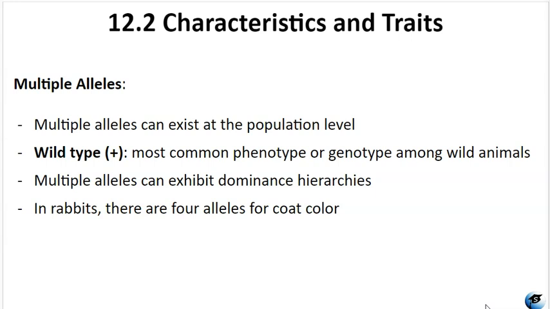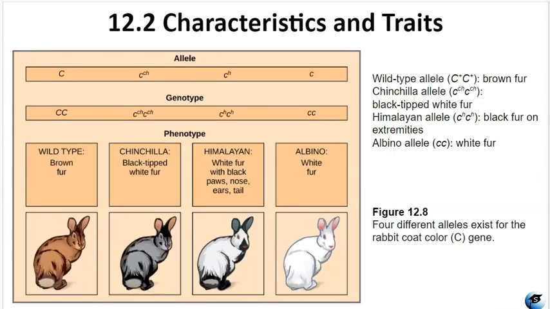For example, in rabbits, there are 4 alleles for coat color, with the wild type allele expressing brown fur, the chinchilla allele expressing black-tipped white fur, the Himalayan allele expressing black fur on the extremities, and the albino allele expressing white fur. So this is an example of a trait that has multiple alleles.